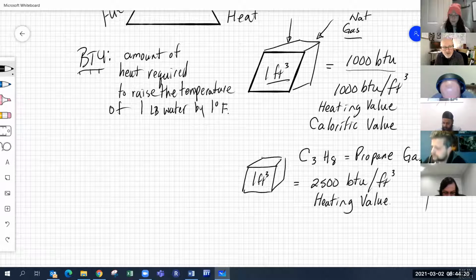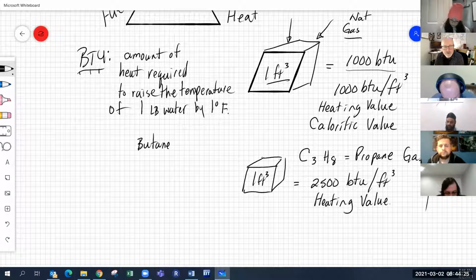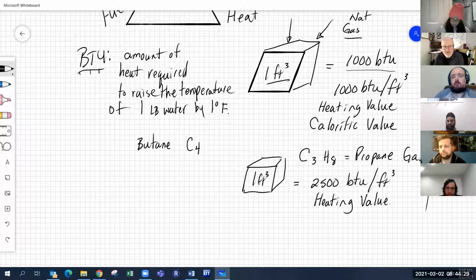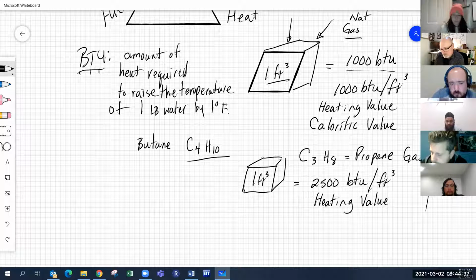I'm going to also put in butane here. And butane has a chemical symbol of C4H10. So that's the chemical symbol for this hydrocarbon. So there is commercial isobutane, and there's also butane that we carry in our pockets a lot, right?